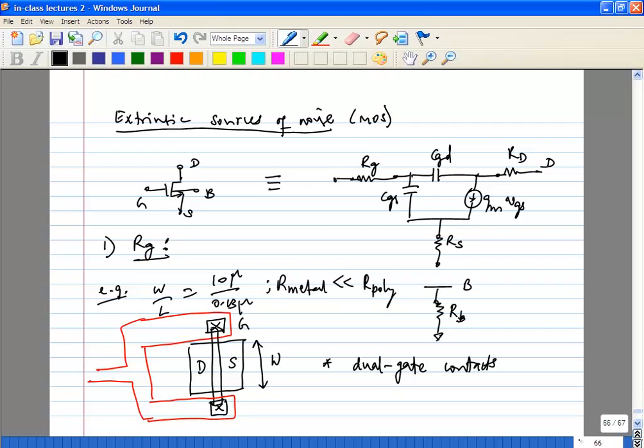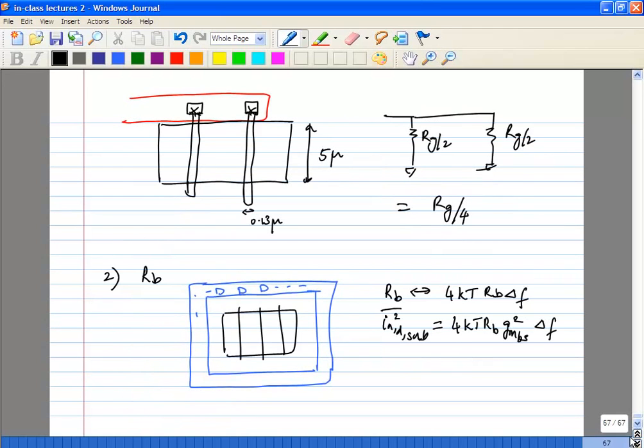Is gmbs considered after RD or before? No, before RD. I'm assuming that RD, the intrinsic resistance, is already included in the model of the transistor itself. These are all extrinsic sources. Okay, we'll move on to mixers then.